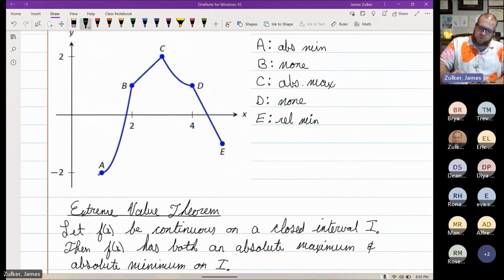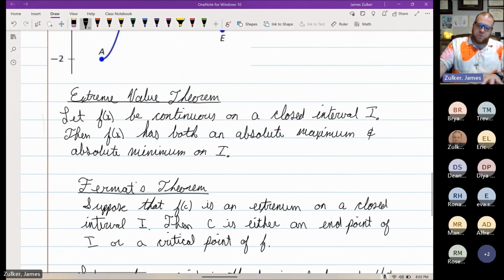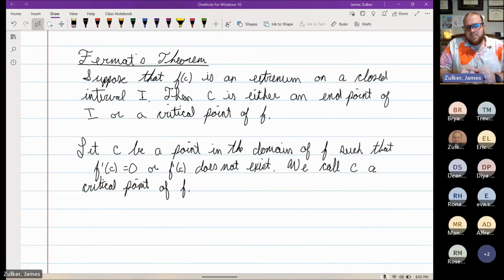And then, of course, in this case, we also had these two endpoints here. So that's what Fermat's theorem is saying, so that all of your extreme values will occur at critical points, or if it's a closed interval, endpoints.